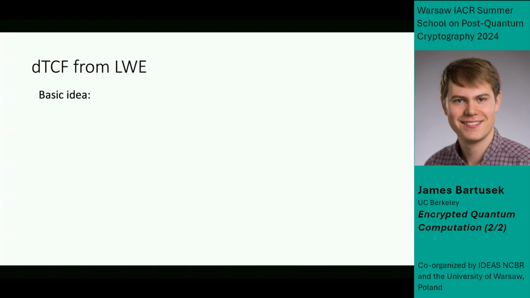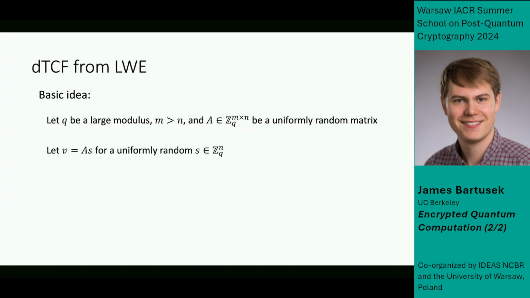So before using LWE itself, the basic idea for how to do this is to fix some parameters. Let Q be some large modulus. Let's not worry so much about what it is. M is a little bit greater than N. And let's sample a uniformly random matrix A, a tall, skinny matrix that's M by N, okay?